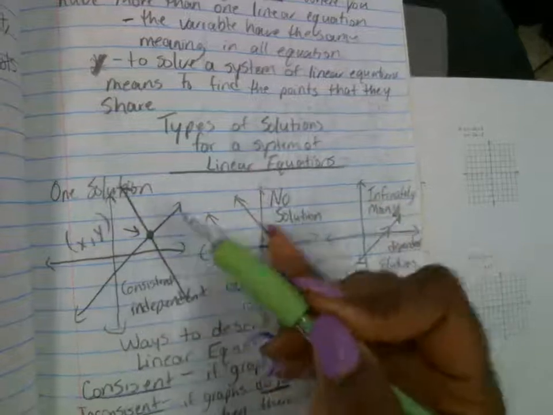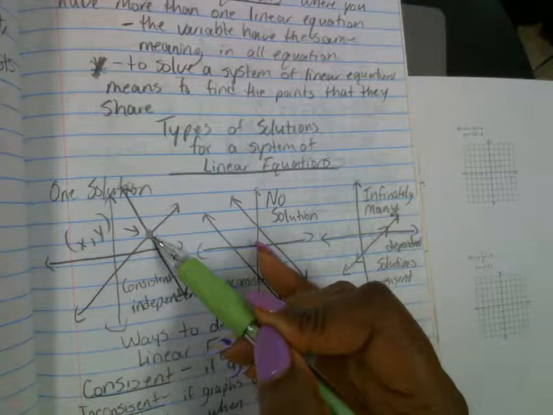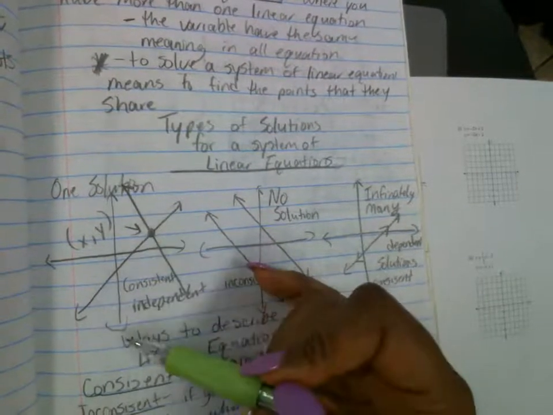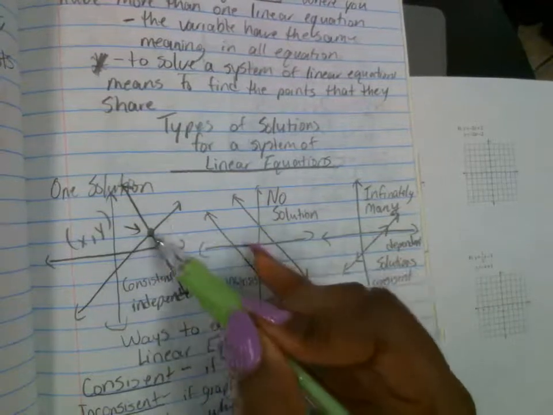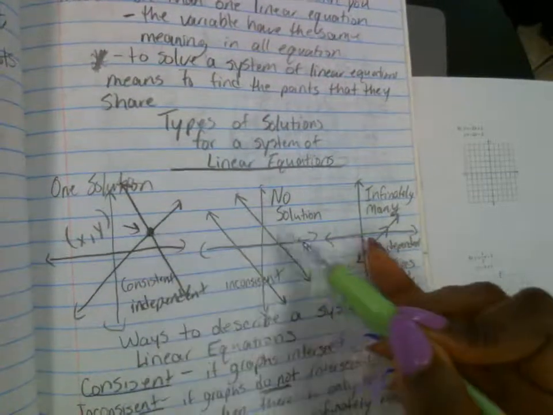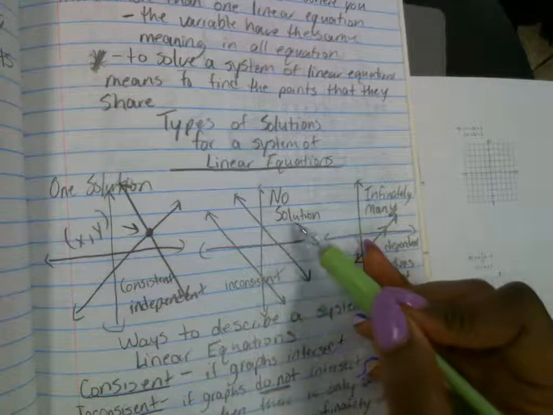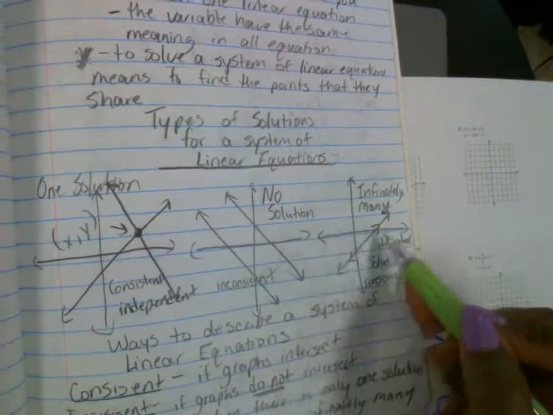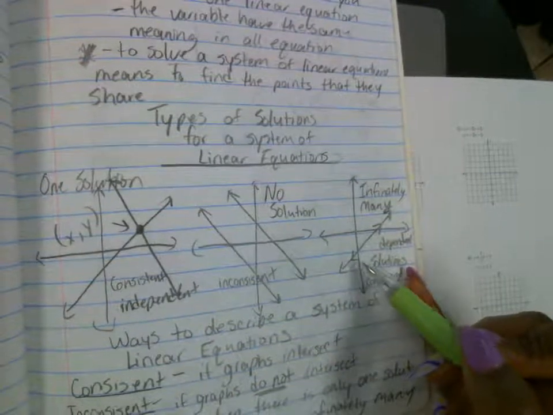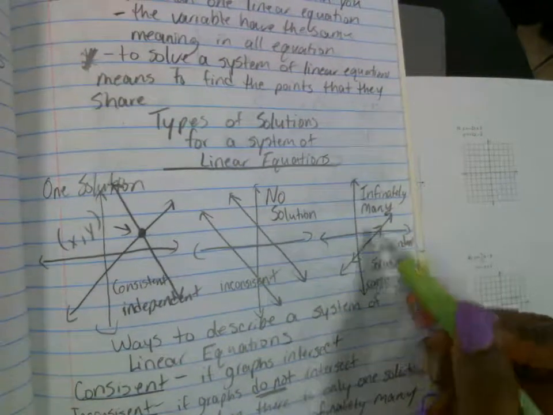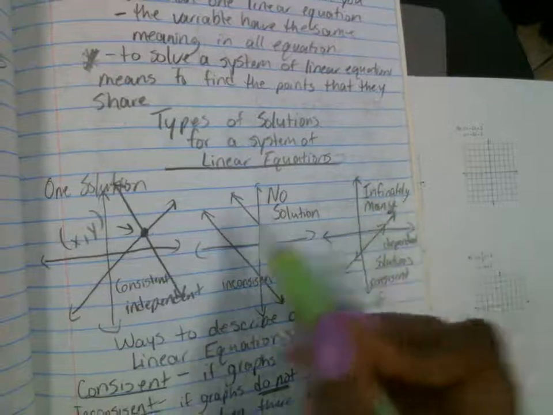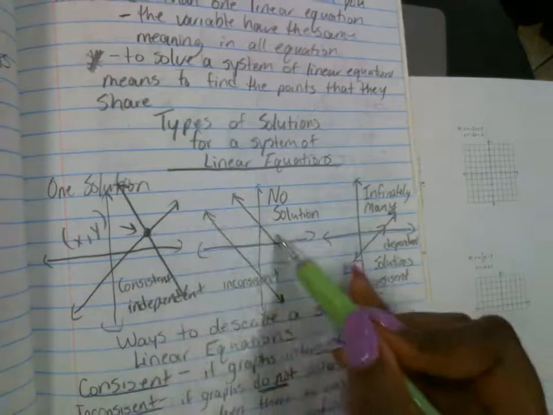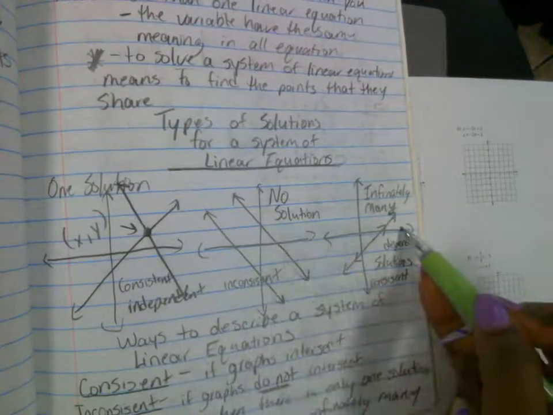Since it's a straight line, these are the only possible solutions you can have. A straight line is either going to cross in one place, because it can't loop back around, or it's not going to cross at all, which means there's no solution. They don't share any points, or the lines are right on top of each other, and then they share every point. So it's either one solution, no solution, or infinitely many.